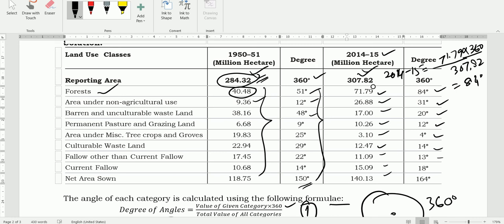Let us see once. 71.79 multiplied by 360 divided by 307.82. Actually 83.9. Here the actual value is 83.9. However, it is rounded to 84 since we have got 9. So in this way we have to calculate the angles for each category.